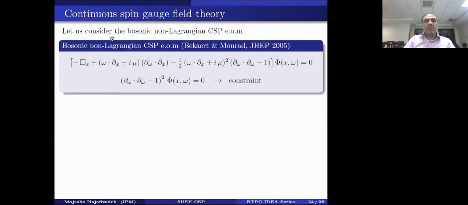Okay, let us consider that bosonic non-Lagrangian CSP equation of motion, which was in this form with this constraint, and it also has a gauge symmetry and a constraint on the gauge transformation parameter. But let us focus on these two.